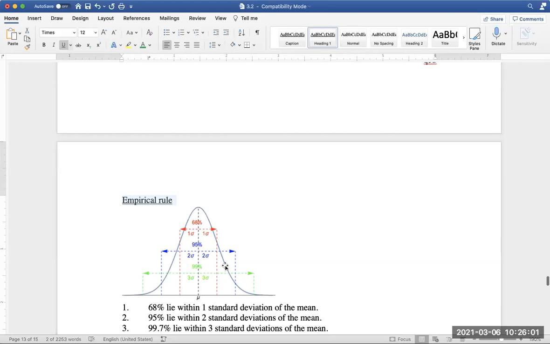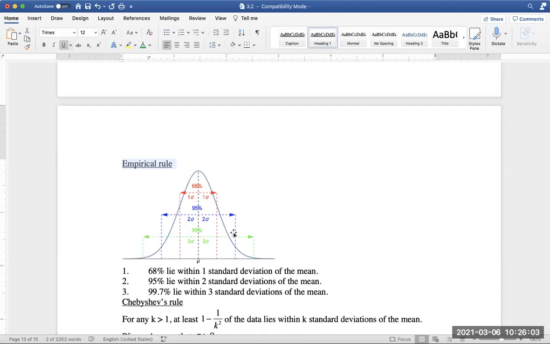Virtually everyone, 99.7% of your data values lie within 3 standard deviations of the mean.